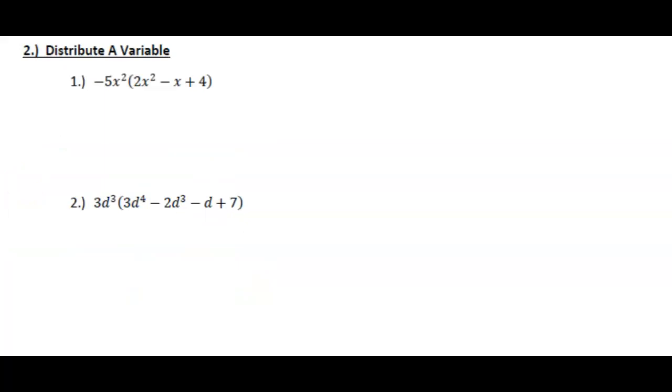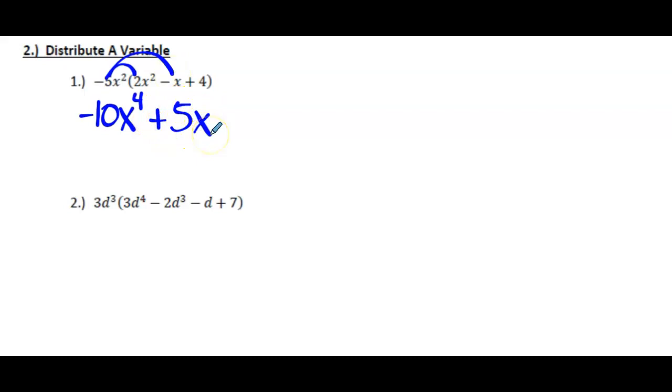Here, I need to distribute my variable. I need to multiply using my rules from Chapter 8 and get a good, solid answer. Negative 5 times 2 gives me negative 10. X squared times x squared gives me x to the 4th because I need to add my exponents. Negative 5 times negative x gives me positive 5.